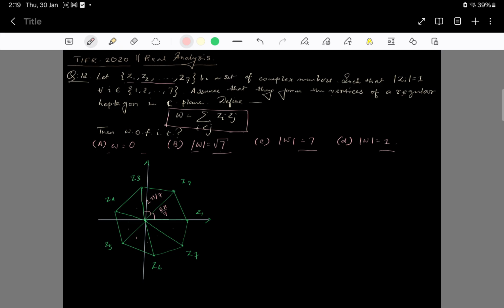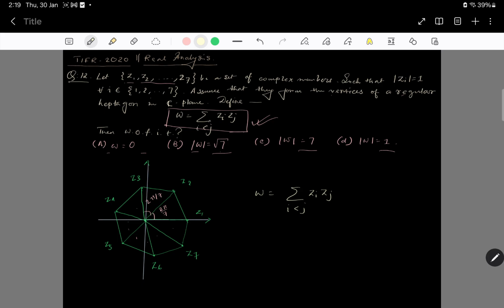Now let's focus on this term, w equals the summation over i less than j of zi zj.